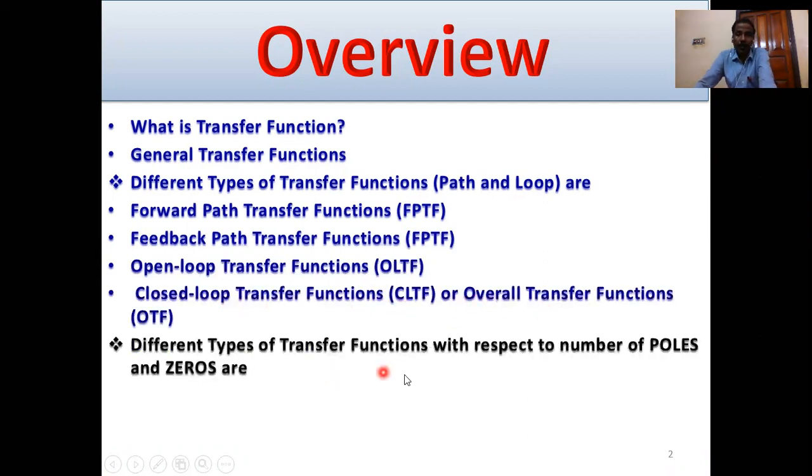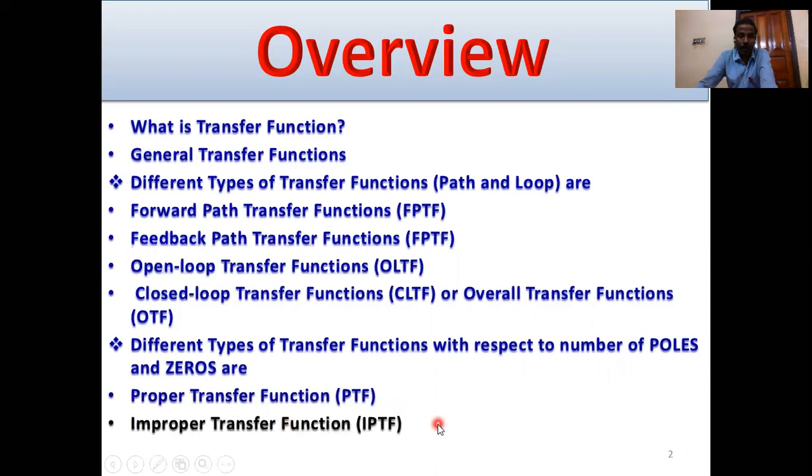Then different types of transfer function with respect to number of poles and zeros. With respect to number of poles and zeros, the transfer function is mainly of three types: proper transfer function, PTF, improper transfer function, IPTF, and strictly proper transfer function, SPTF.